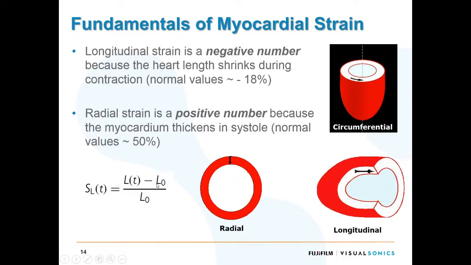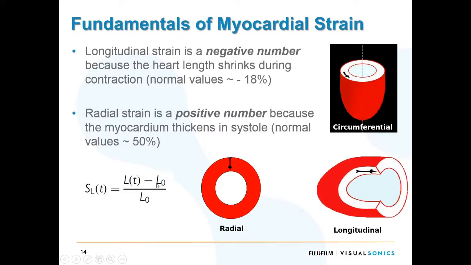So you're going to have a negative value. And normal negative values are roughly around minus 18%. Radial strain is a positive number because during systole, the myocardium gets thicker. So that thicker means that your length at a given time is now greater than your original length. So you have a positive number in strain.